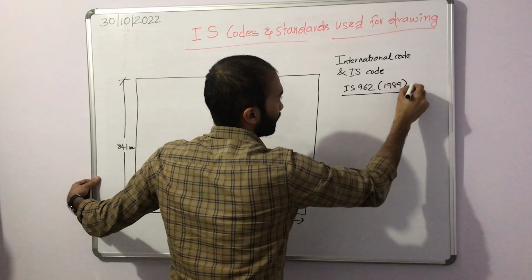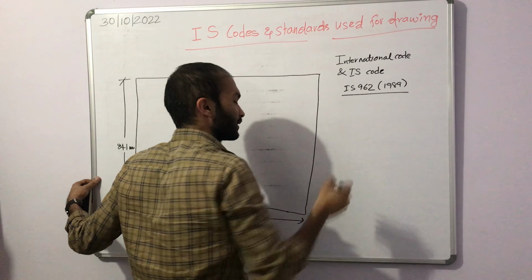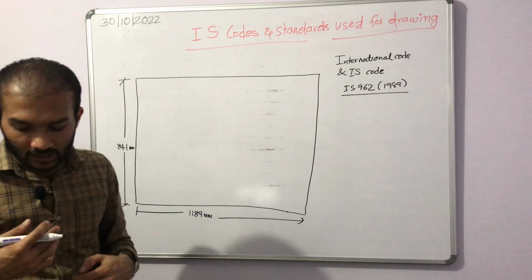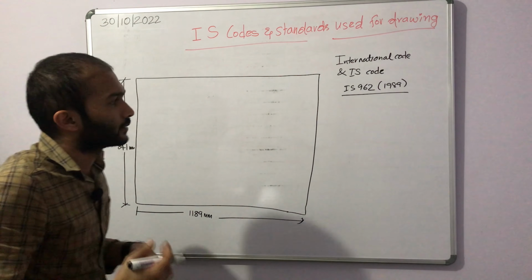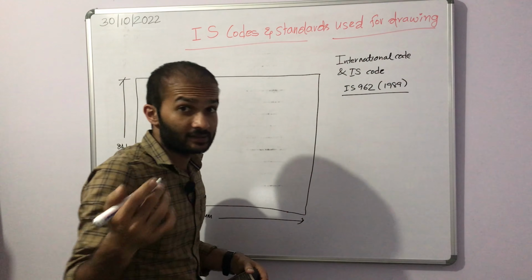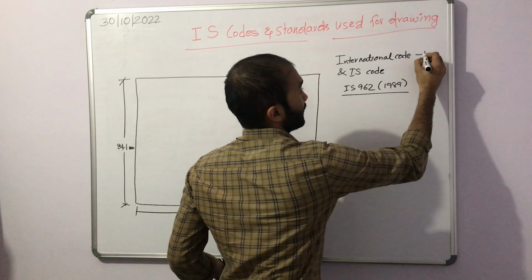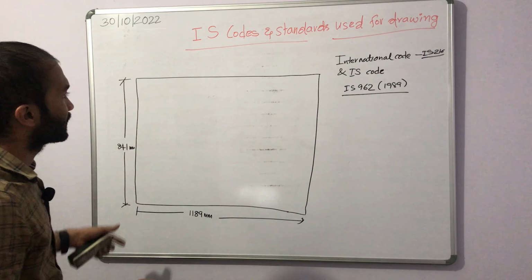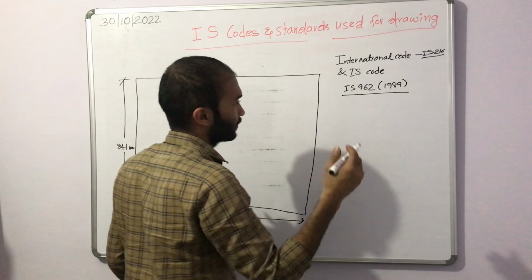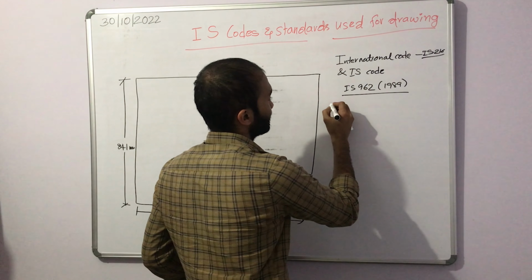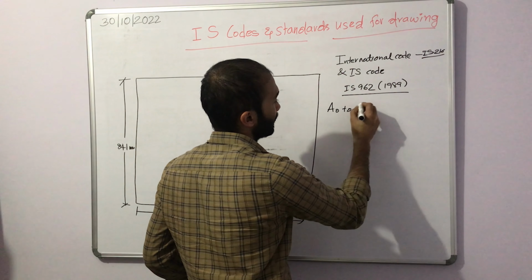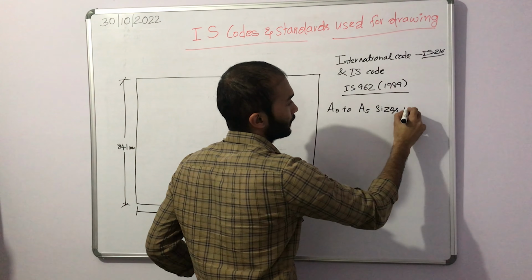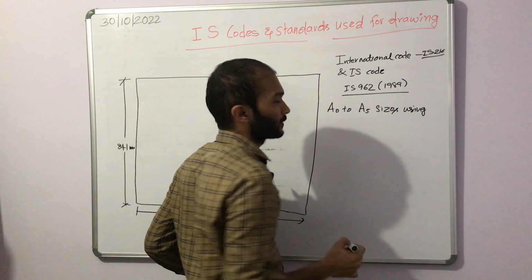If you go through the IS codes, you will get all these details and how we look at them. What I said earlier about the international code refers to IS 216. Accordingly, for better understanding, we have made sizes of drawings from A0 to A5, which we use in our design or construction.